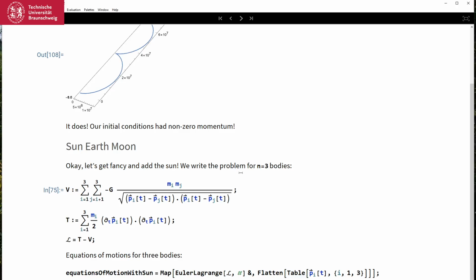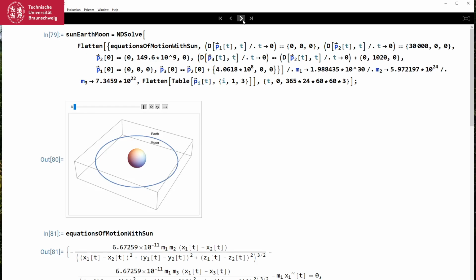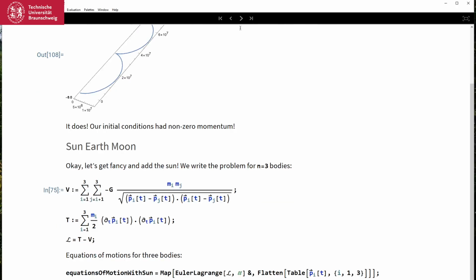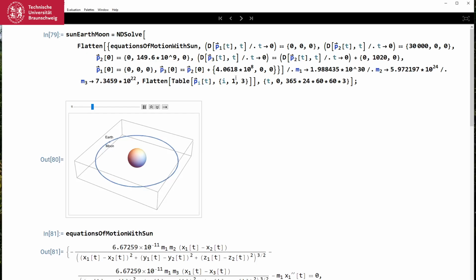What did I do? We have 1 minute left and one slide left. There's the moon. Where was this? Yes. So we get all the equations of motion. Now all we need to do is mass 1 is now the sun.